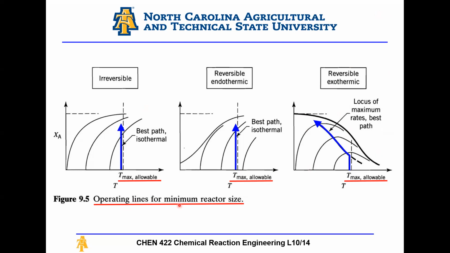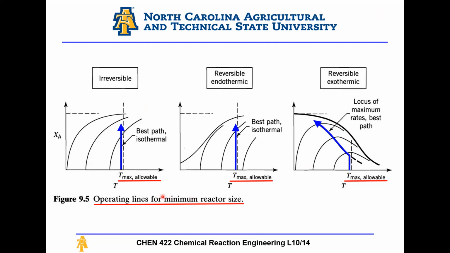And I want to determine the minimum reactor size, right? So in order to determine the minimum reactor size, I need to determine the highest possible reaction rate, right? And you always need to remember that the reaction rate will always increase with temperature at any composition. So your highest reaction rate will occur at the highest allowable temperature.